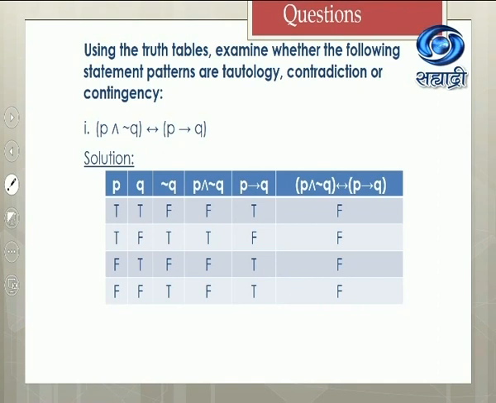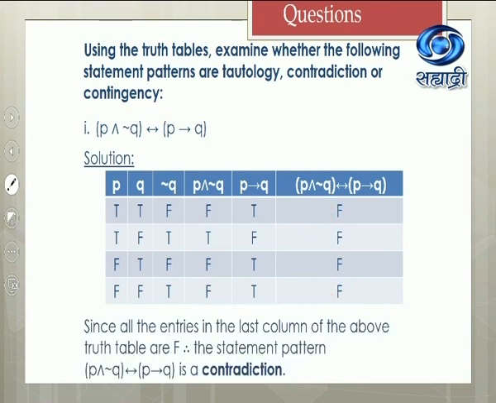Remember students, for double implication, if one is false, then it is false. If both are true or both are false, then the combination is true. So false, true is false; true, false is false; false, true is false; and false, true is false. As you can see, the entire column is false. So this statement pattern is a contradiction, since in the last column all the entries are F.